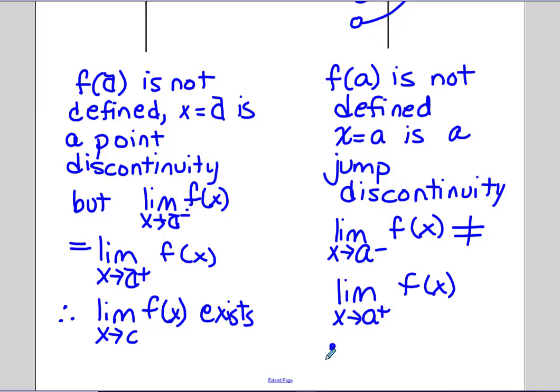Therefore, the limit as x approaches a for our function does not exist. And these should all be little a's, not c's, since they told us to use f of a.